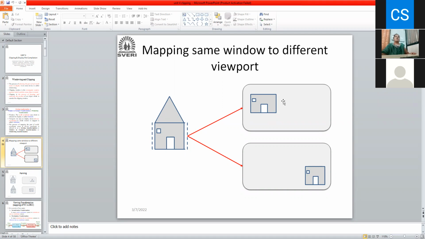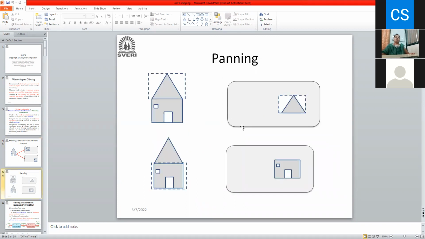So you can have various representations of the same window on different viewports. One can be horizontally stretched, another vertically stretched, depending upon the resolution and settings of the physical device. That is the mapping of window to viewport.